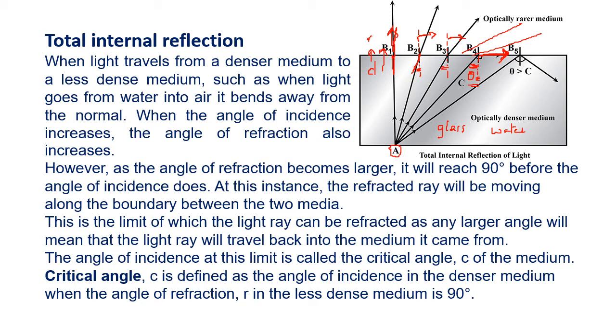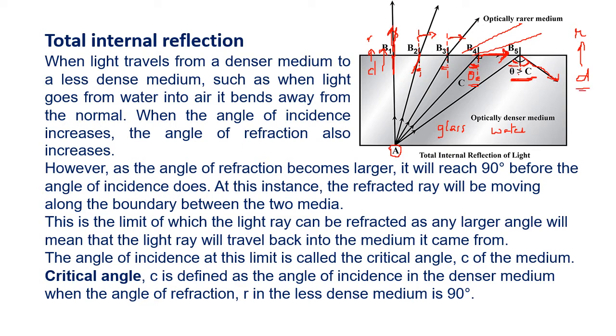Now if the angle of incidence is greater than the critical angle, then light will not leave the surface, it will bend back inside. And you know, for reflection, the angle of incidence equals the angle of reflection. Now remember this phenomenon very well. This only happens when light goes from a denser medium to a rarer medium.